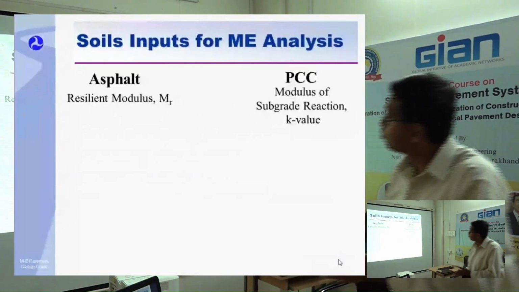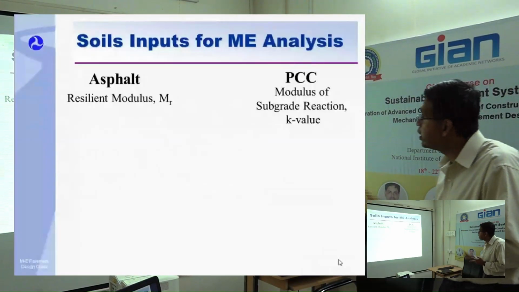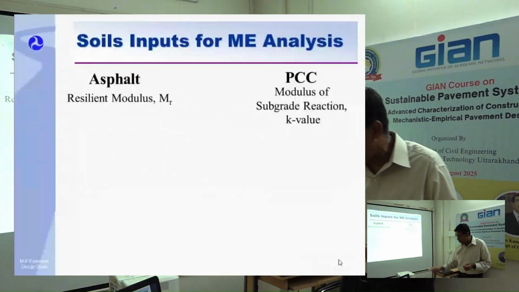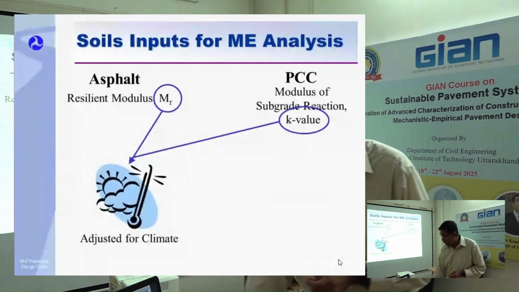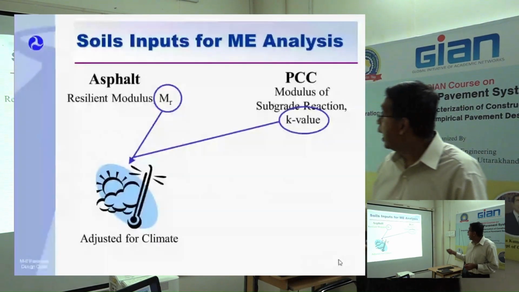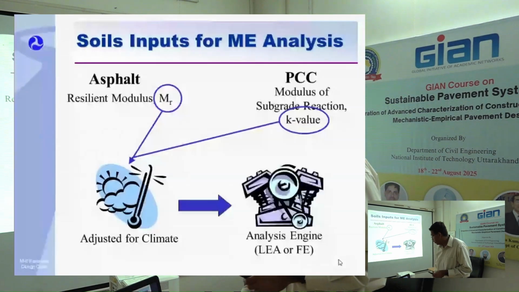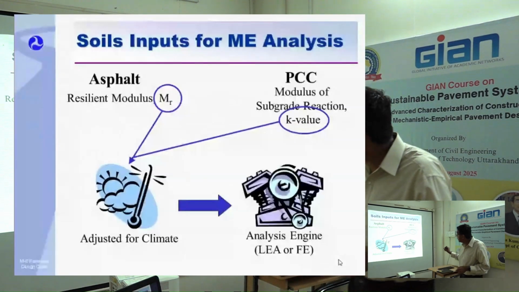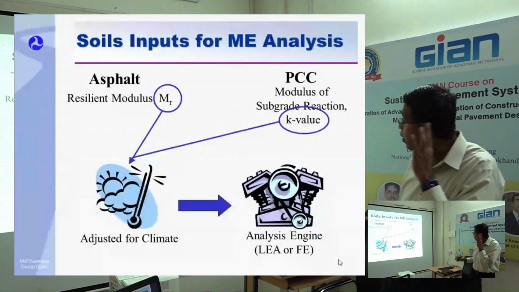All right, here. Input parameters: soil input for asphalt is resilient modulus, for PCC is modulus of subgrade reaction, K value. This has to be adjusted for climate, which I told you multiple times, and the K value also has to be adjusted for that. Again, use the linear elastic or finite element engine, that means stress frame as well.